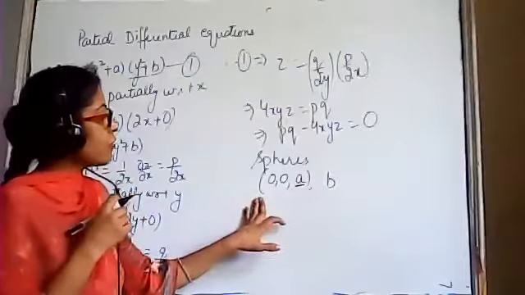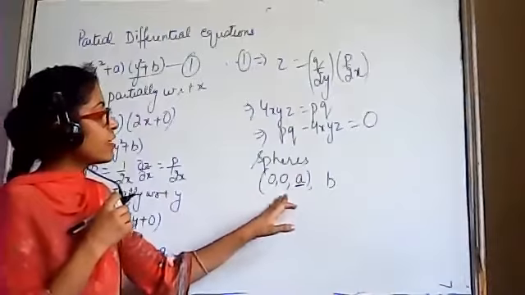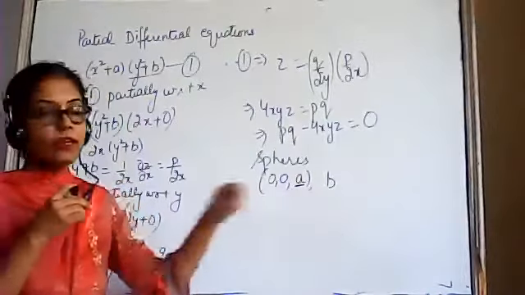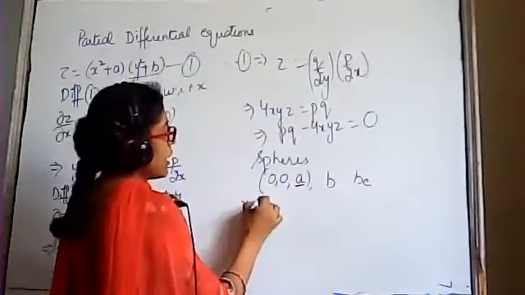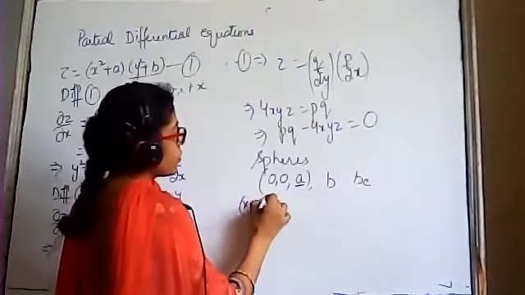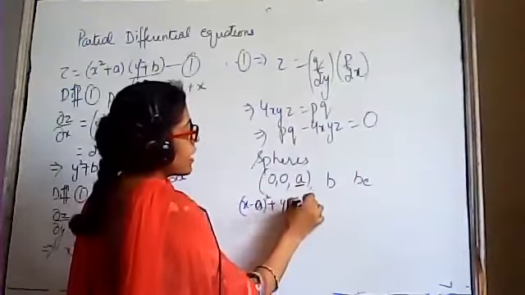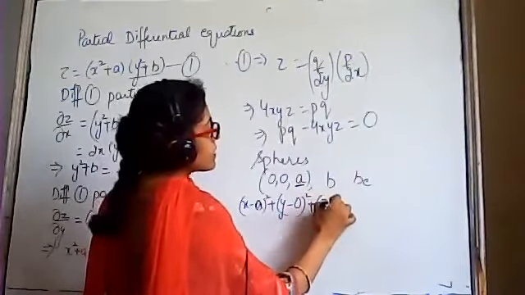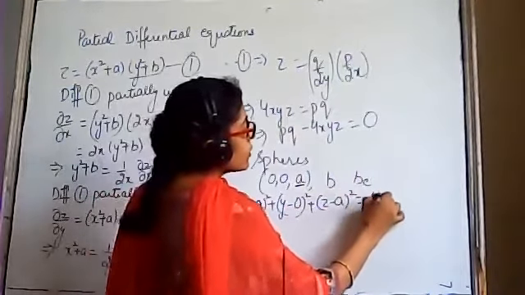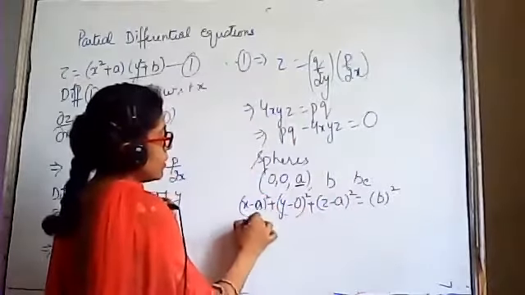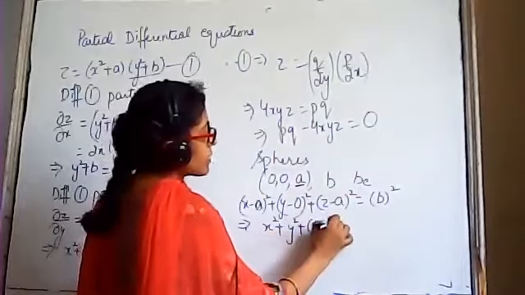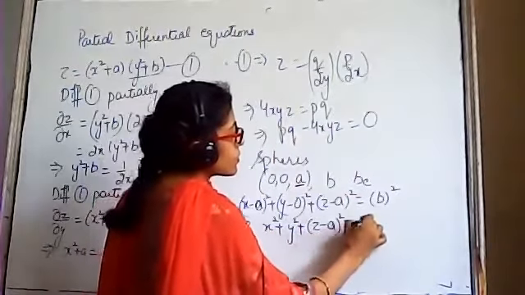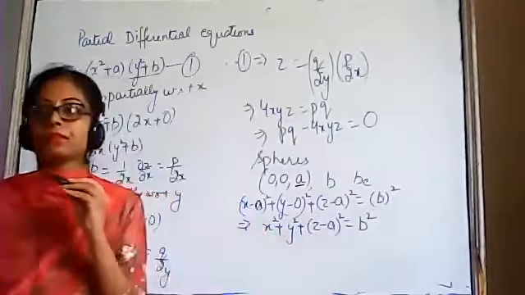Let the equation of the sphere having center 0, 0, a and radius b be x minus 0 the whole square plus y minus 0 the whole square plus z minus a the whole square is equals to b square. It will be x square plus y square plus z minus a the whole square is equals to b square.